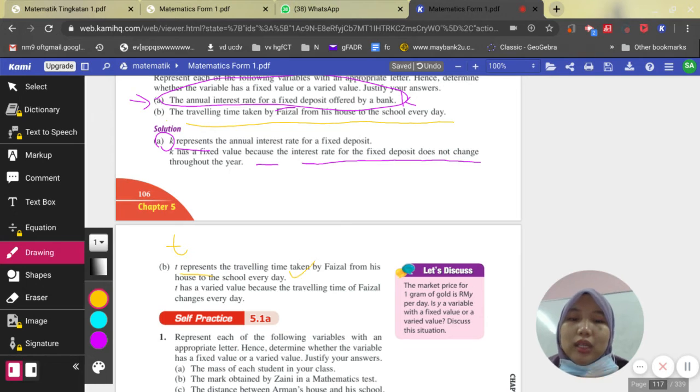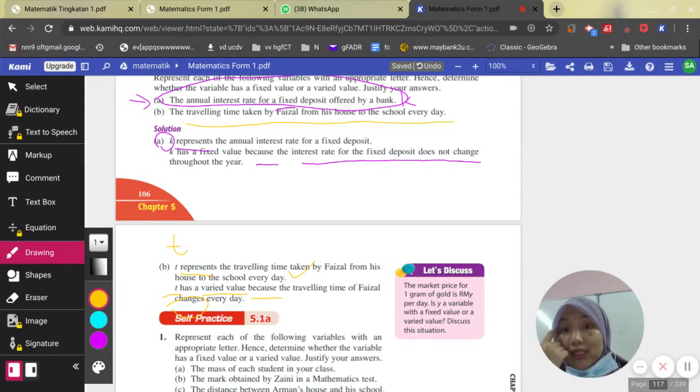Okay, itu satu. And then the next one, decide. Is the time taken ni fixed value or varied value? Adakah kalau kita pergi sekolah ni, masa kita pergi tu dia fix, tetap? So the answer is T is a varied value because it changes every day.